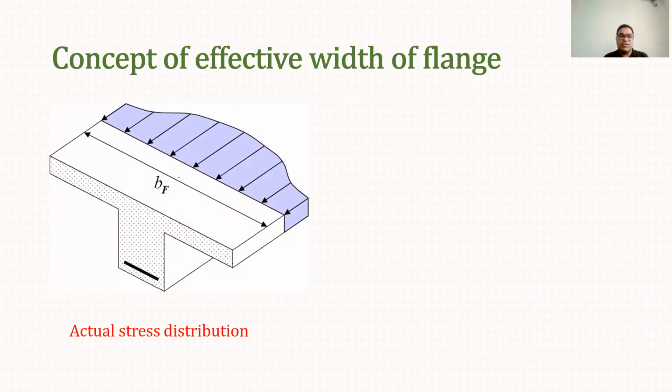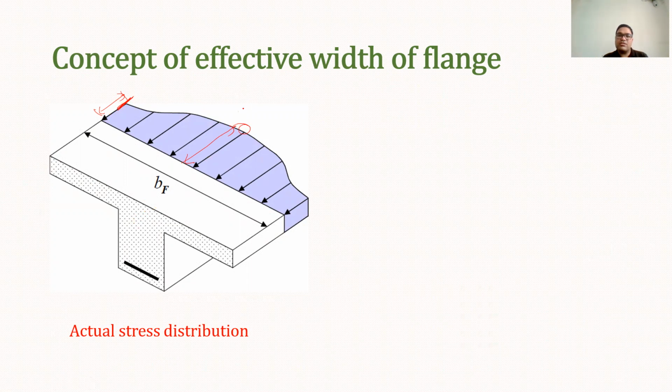Near the web, it is maximum, and away from the web, this value is lesser than this value. So above the web, it is experiencing maximum stress, and away from the web, it is less stressed.